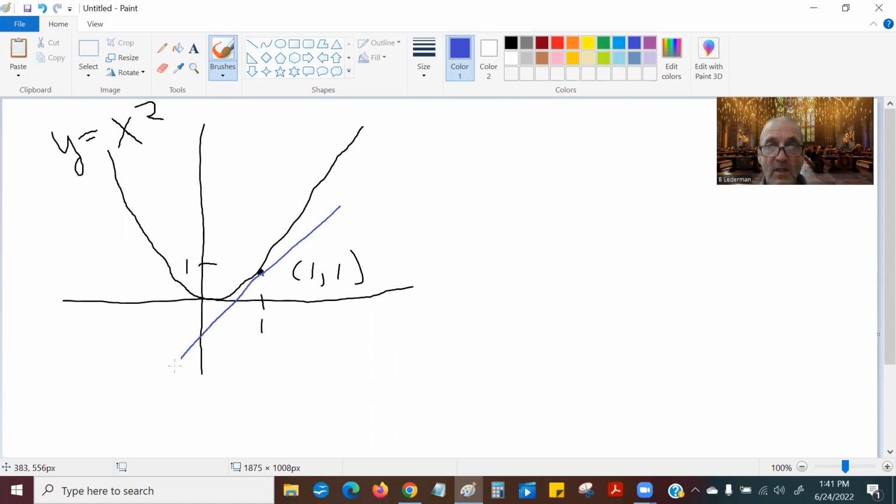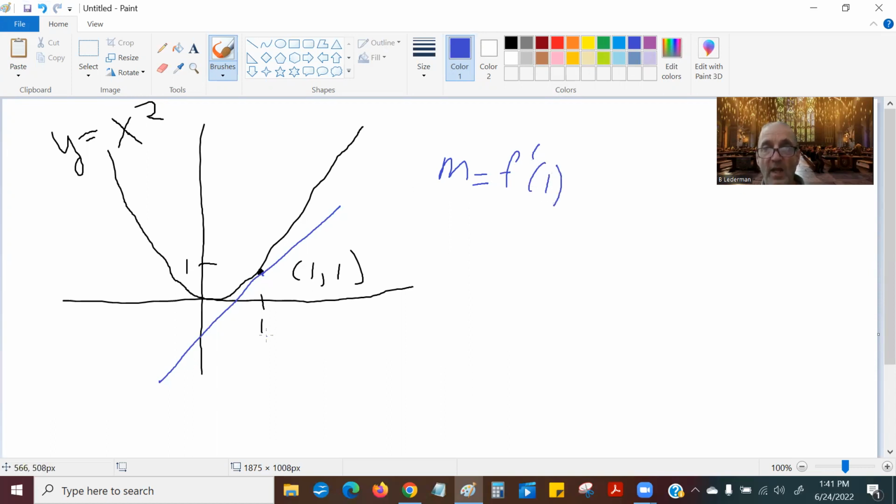Again, I'm very bad at drawing, but bear with me. So here is my blue tangent. What is the slope? Well, the slope is going to be equal to f prime of 1.